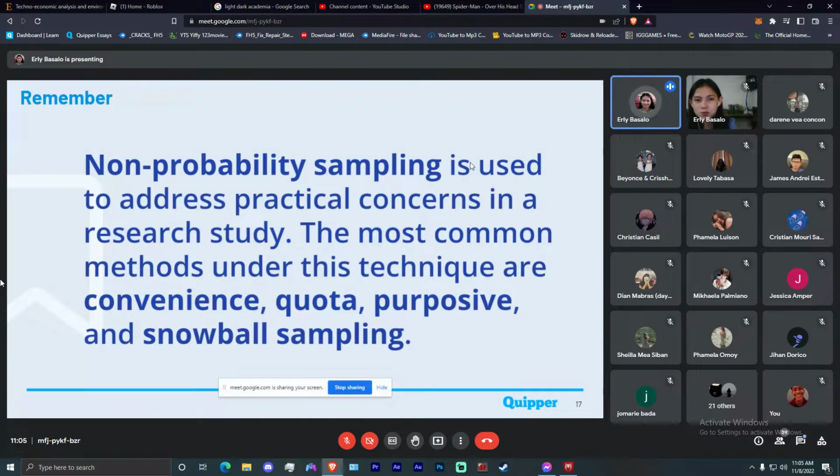Non-probability sampling is used to address practical concerns in a research study. The most common methods under this technique are convenience, quota, purposive, and snowball sampling. Most research that uses non-probability usually picks purposive sampling.